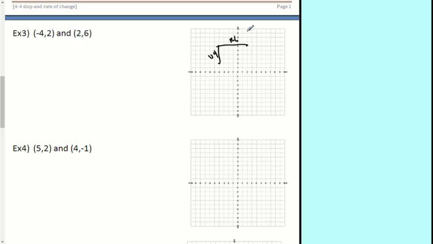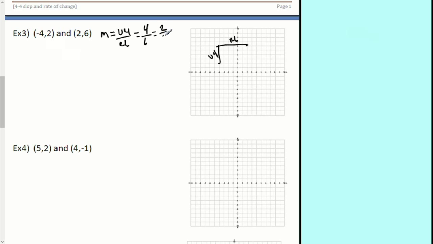Right 6. So the first way I could do this is I could say the slope is up 4, right 6, which is up is positive, so it's positive 4, and right is positive, so it's positive 6. Now be careful with this because 4/6 can be simplified to what?